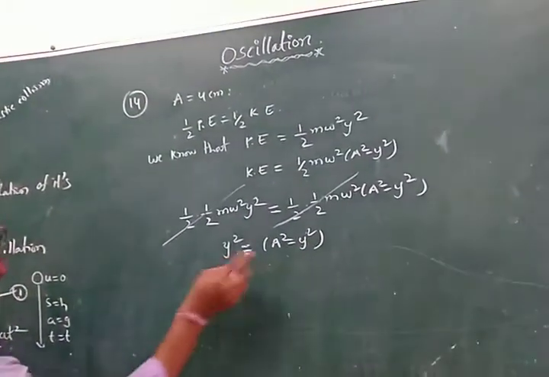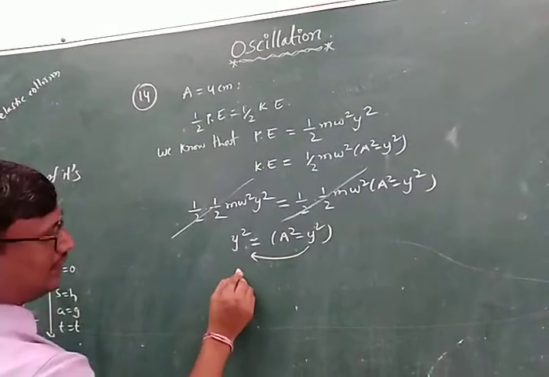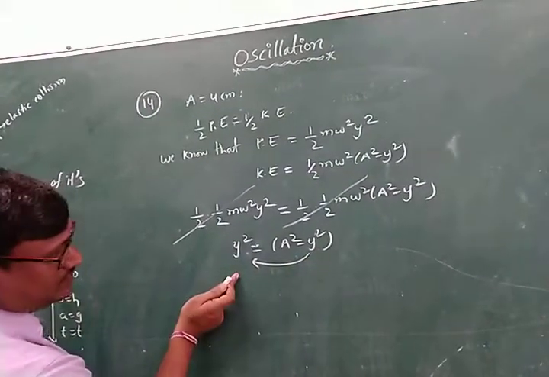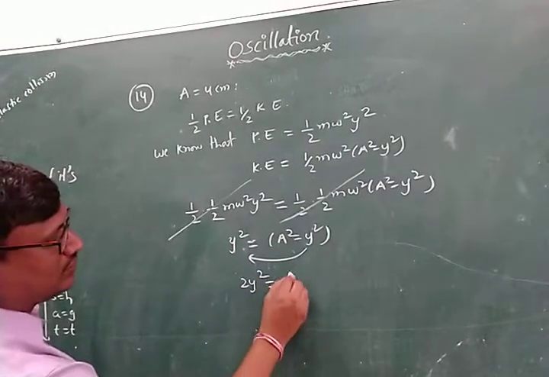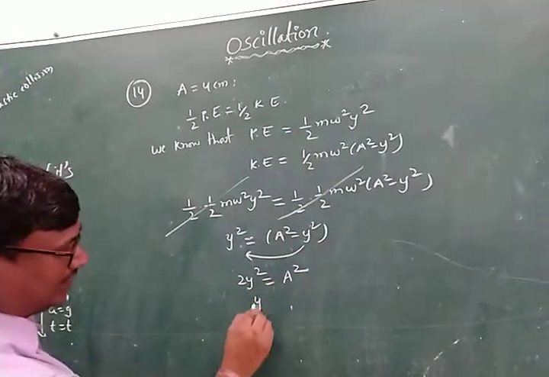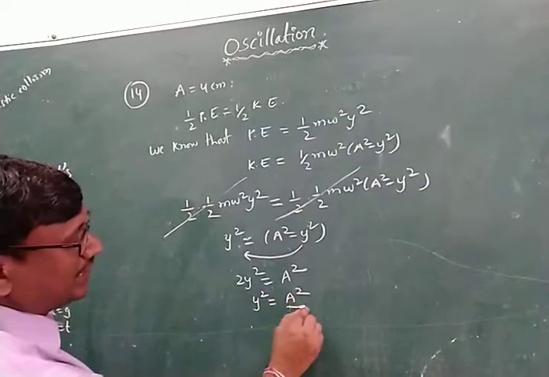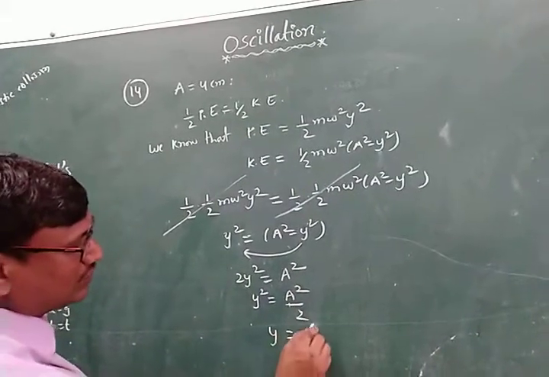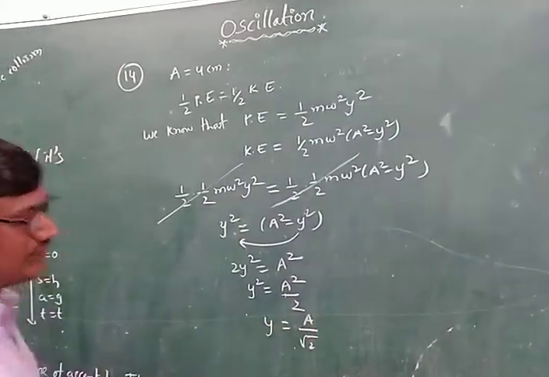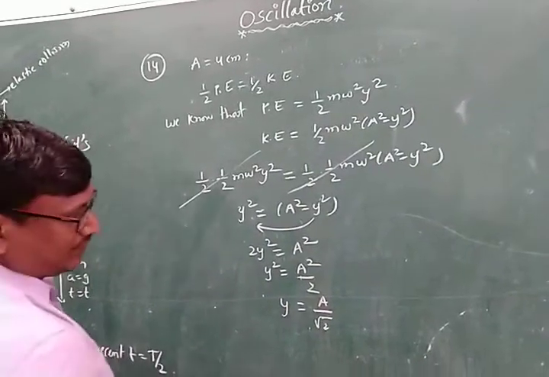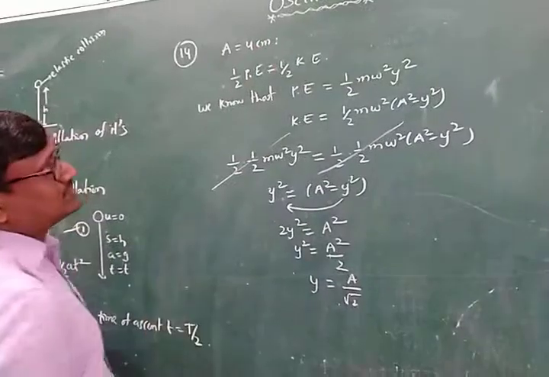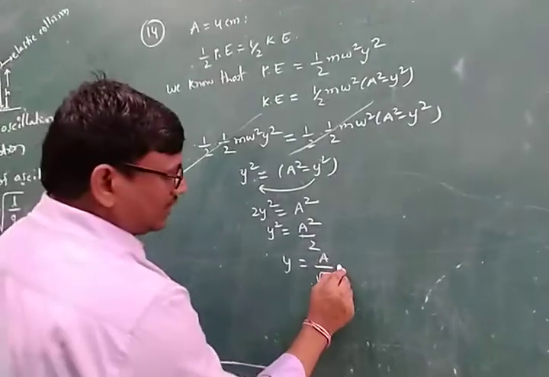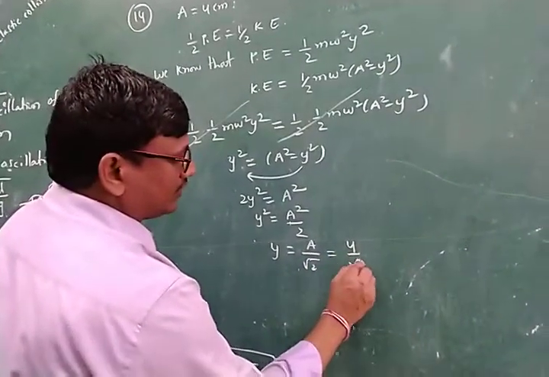Taking the minus y square to this side, it becomes plus. So y square plus y square, 2y square, is equal to a square, and y square is equal to a square by 2. So y is equal to a by root 2. Here the value of a is given as 4 centimeters, so y is equal to 4 by root 2.